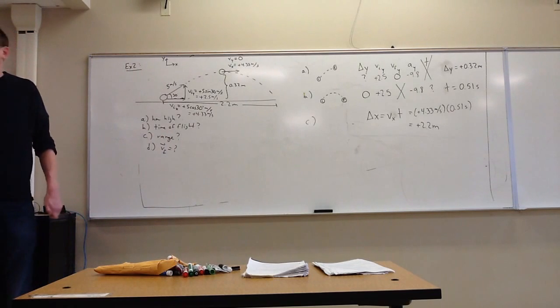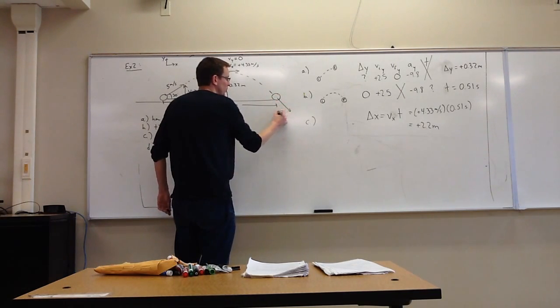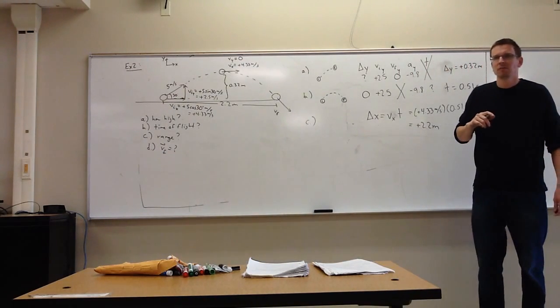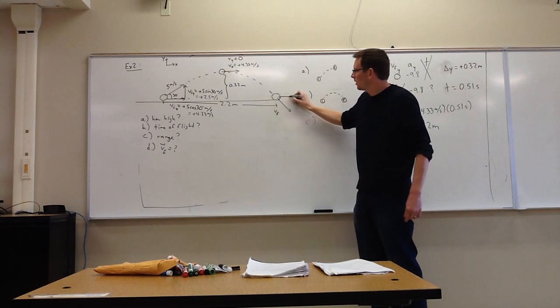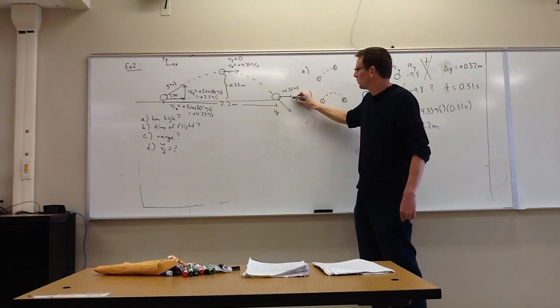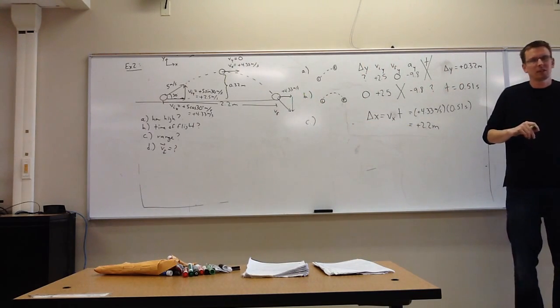And finally, your final velocity is really easy, because what's happened to the x velocity? It's the same. And what do we learn happened on level ground? When you landed at the same level you started, what happens with your y velocity?